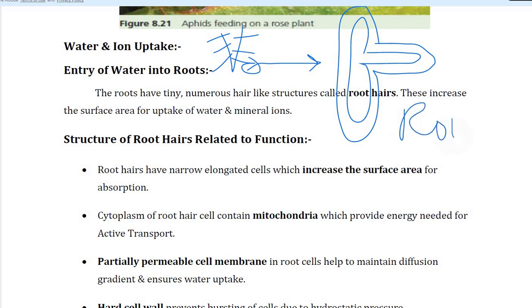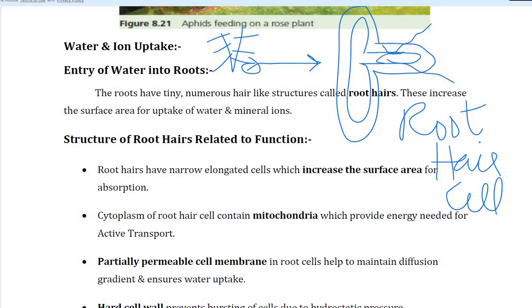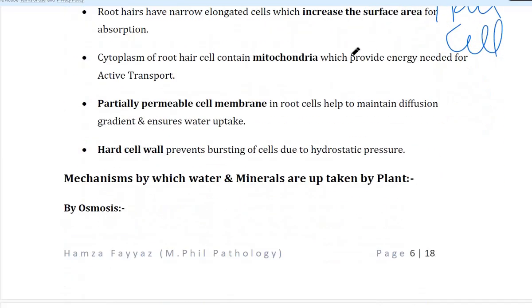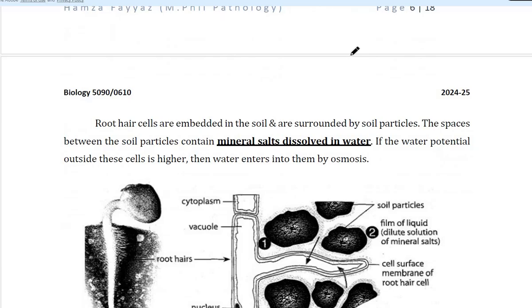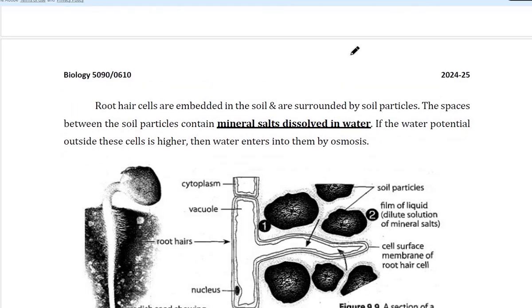In this root hair cell, through the cell membrane, water is absorbed, nitrates are absorbed, and other substances are absorbed. Water is absorbed through osmosis, and ions are absorbed by active transport.